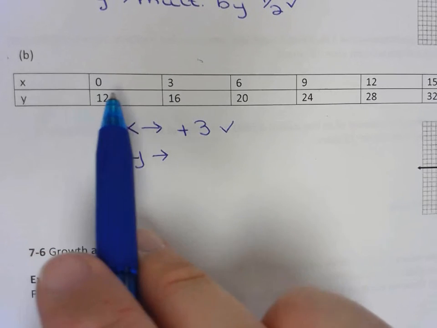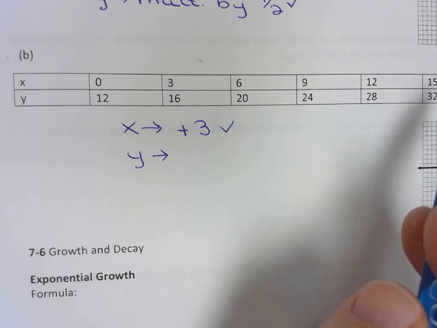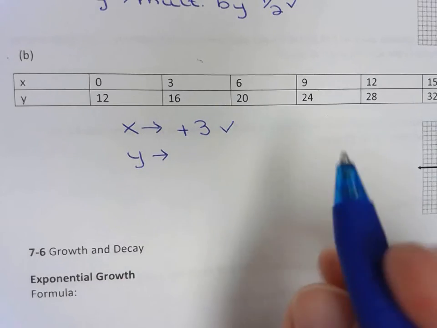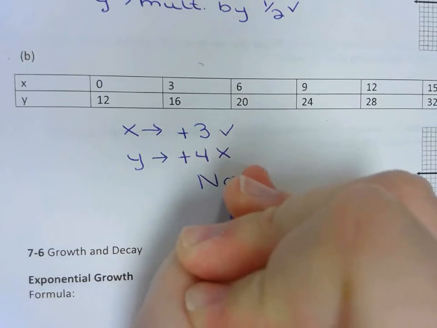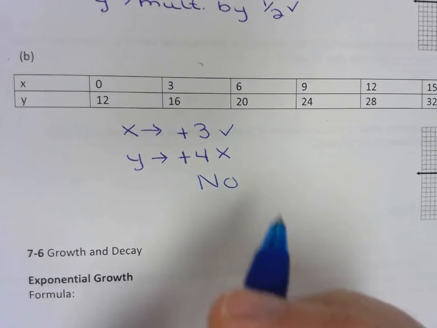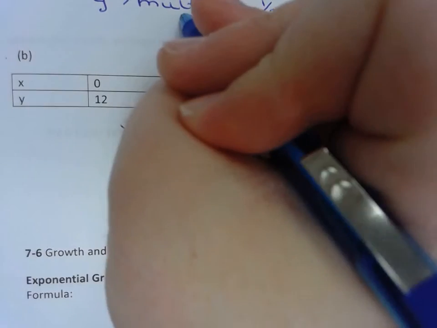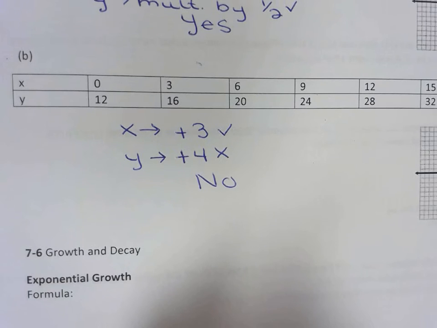So 12 to 16, 16 to 20, 20 to 24, 24 to 28, 28 to 32. What am I doing each time? Adding 4. I'm not multiplying by something each time. So that is no, because I'm not multiplying by a positive number each time. I'm adding 4 each time. So A is yes, B is no. That's all there is to this. Just 2 things to look for. Any questions on that?